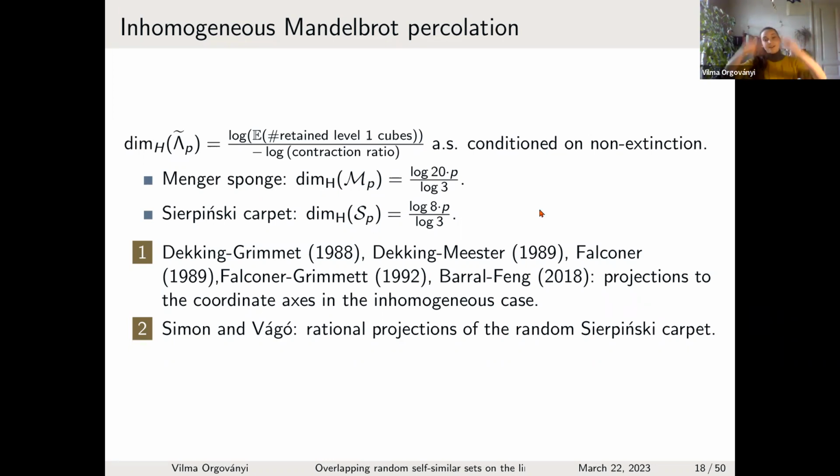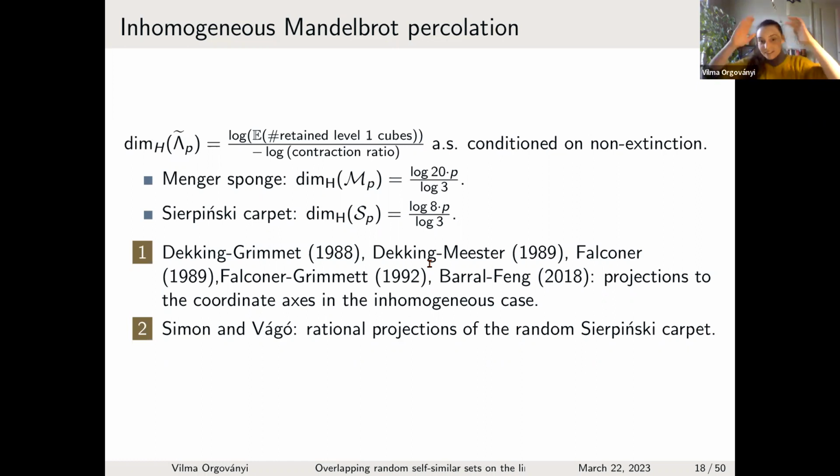And the projections of these inhomogeneous Mandelbrot percolations to the coordinate axes were considered by a lot of people, by Dekking and Grimmett, Dekking and Meester, Falconer and Grimmett, and Barral and Feng.